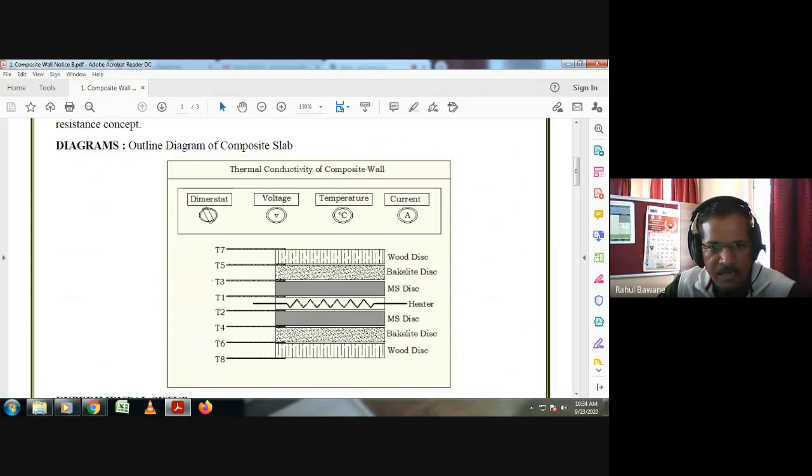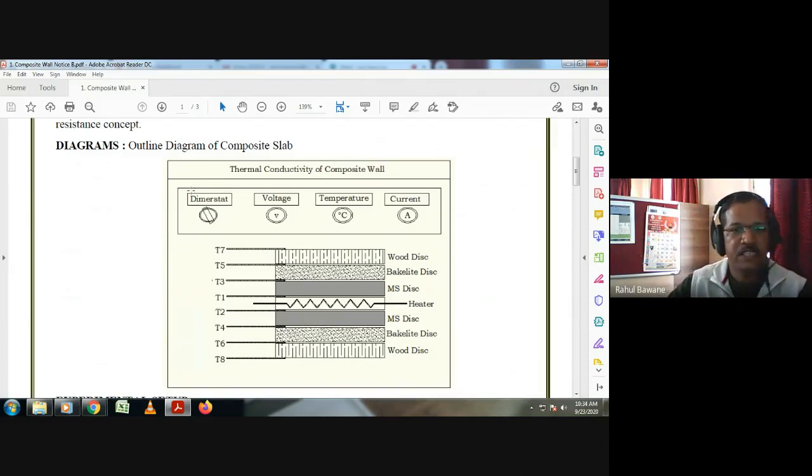Then after the bakelite plate there are thermocouples T5 and T6, and the last layer is of wood. The outside temperature of the wood plate is measured by thermocouples T7 and T8.